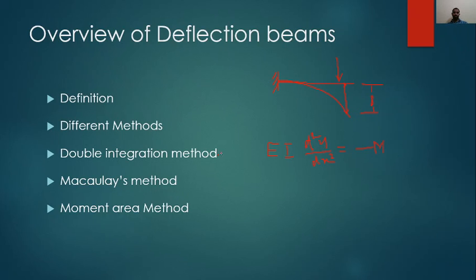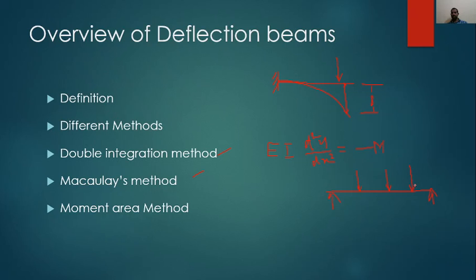And Macaulay's method, the second one, is almost like the double integration method, but it has an advantage when there are multiple spans, let us say a simply supported beam having some 3 point loads.